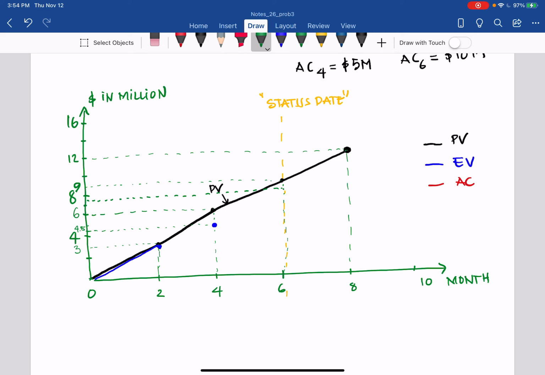There, we have that point. So we can go ahead and draw the blue line, equal to earned value. And then we have actual costs.